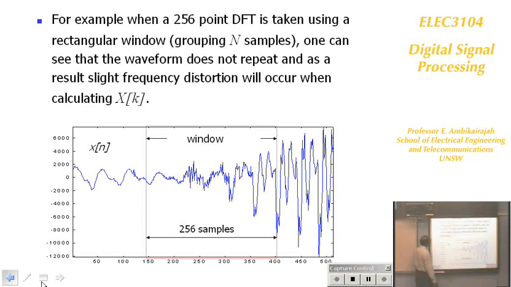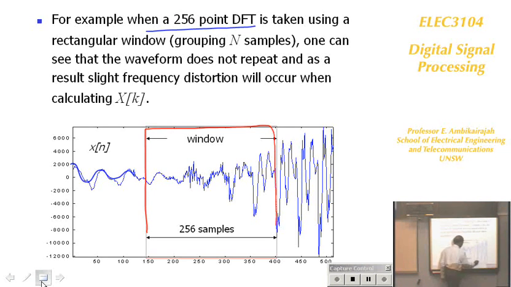Okay? So here is another example where a 256-point DFT is taken using a rectangular window. That means here's a signal going like this, and you decided you only want to group that part of the signal. I want to look at the frequency content there, because naturally the frequency content is varying. So you just take the 256 samples and take the FFT, or DFT, of that, and it tells you 256 frequency points, not more than that.